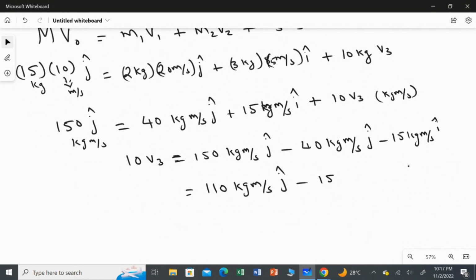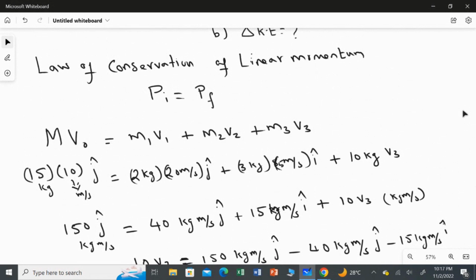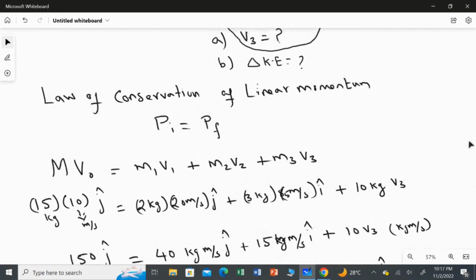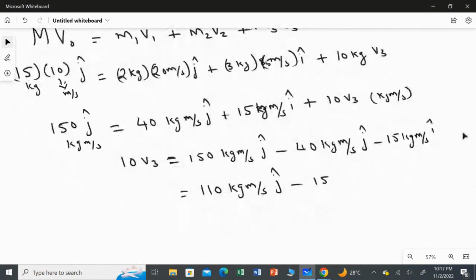Let's check one more time. Yes, it's 15 kilogram meter per second I cap, and on the other side we have 10 V3.